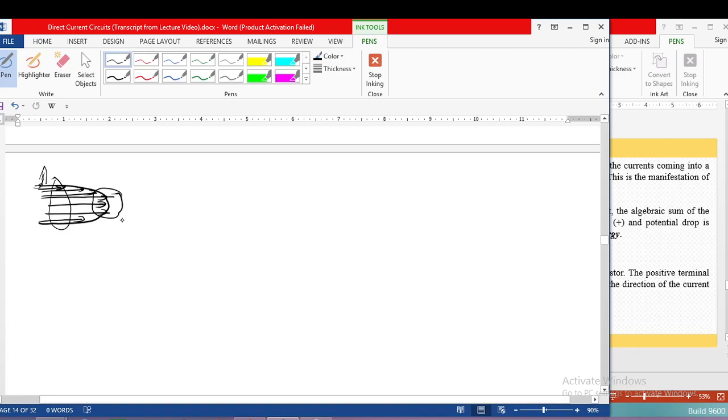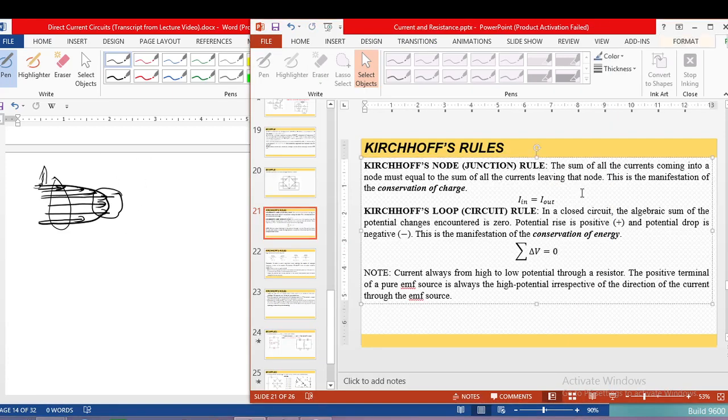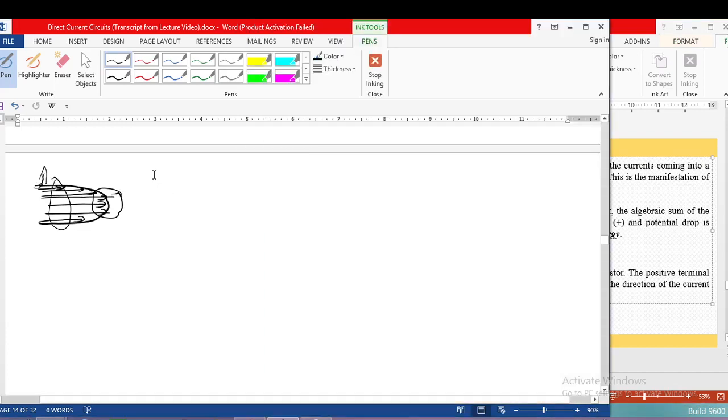So why did I discuss this? Because we have to take note that we are only focusing on steady currents. Steady currents are currents that are uniform and always flowing, meaning the electrons are flowing at the same time.